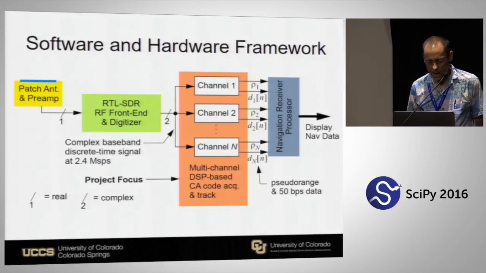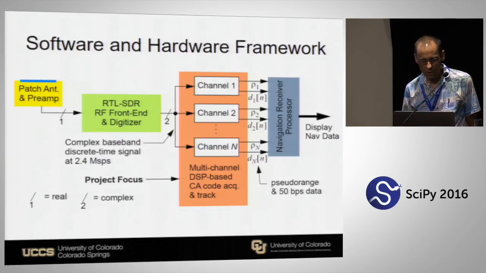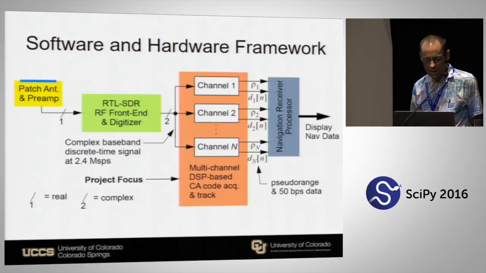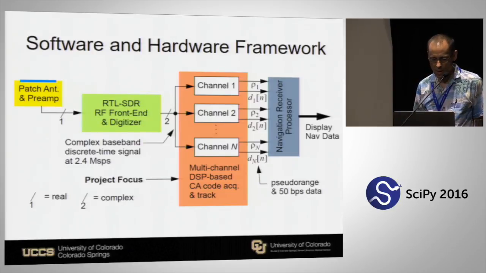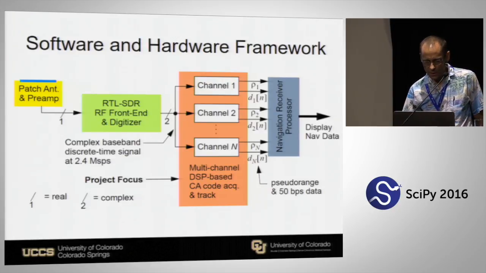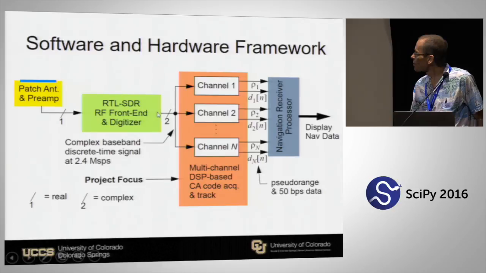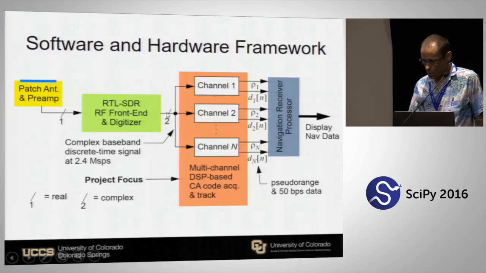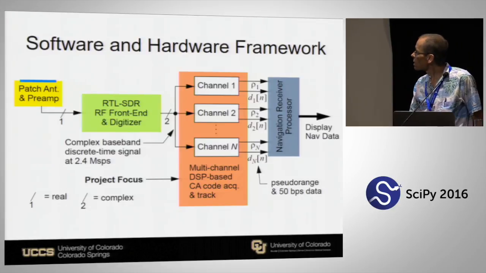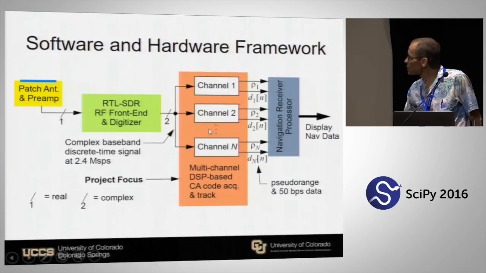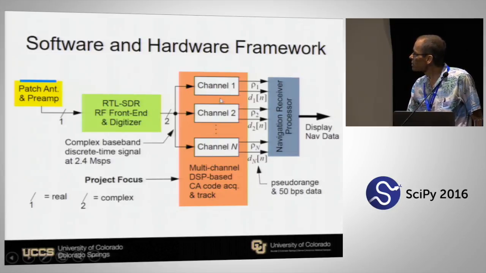So this is a high-level model of the framework. The patch antenna, if I was to implement that, is what I'm passing around. The RTL-SDR is the green. But at this particular point in the block diagram, I can replace the hardware with a software interface and a simulator interface, and that's on the next page. But this is the instantiation of multiple channels from the class that I've written.